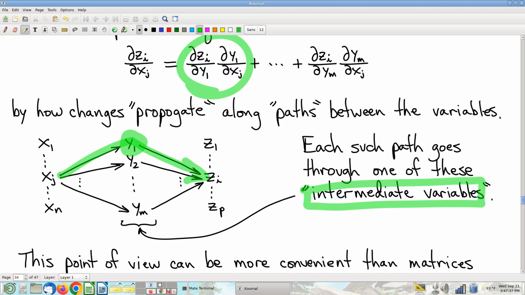Each path corresponds to an intermediate variable, and you can see that intermediate variable in the term that corresponds to that path as well. So you can think of it as a path gives you a term. You can also think of it as an intermediate variable gives you a term. And you get one term for each intermediate variable.